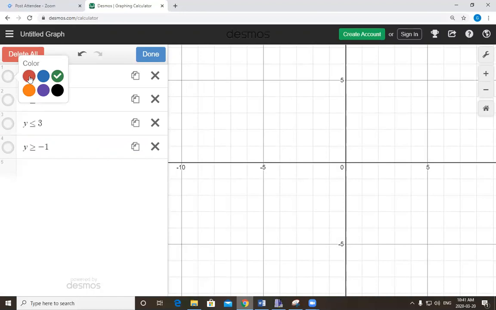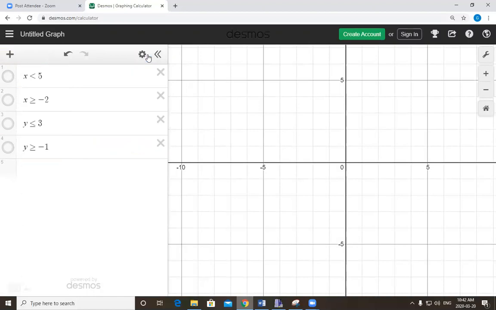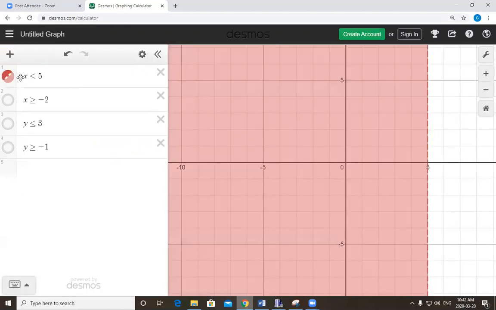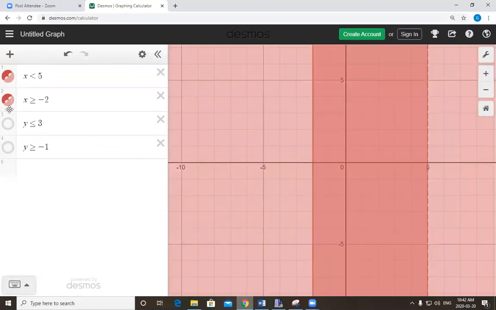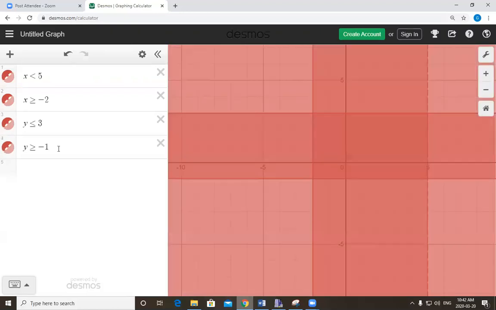So for this lesson, I'll click red. So I'm going to make them all red, so they're all the same color. Now I guess you should click done. When we click on them, you will see that they are all red.